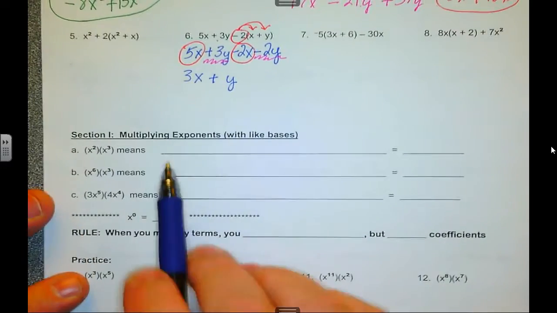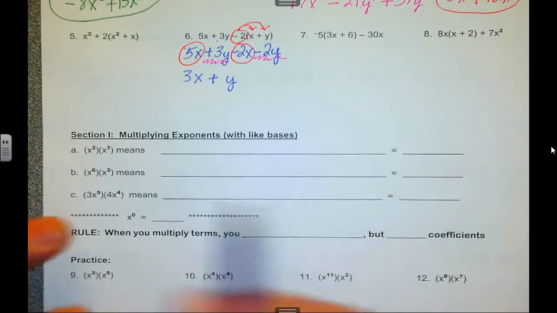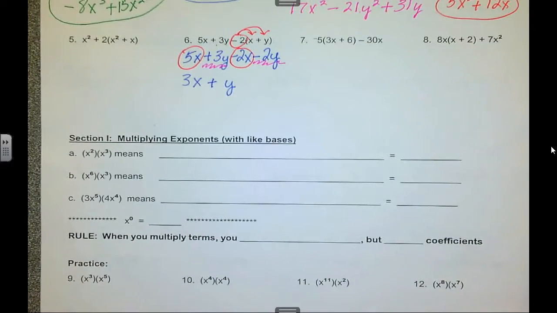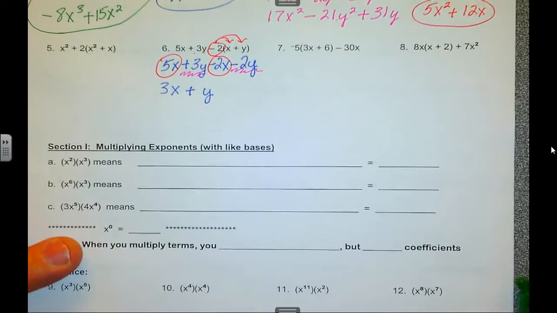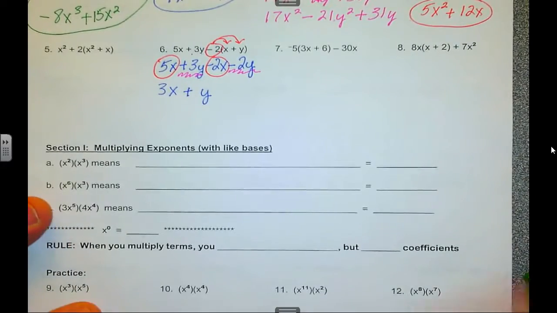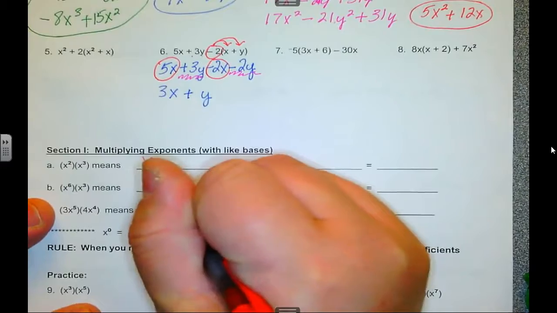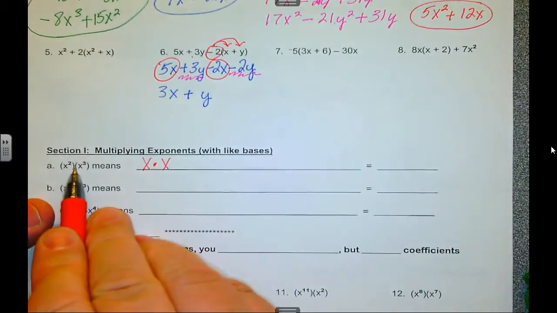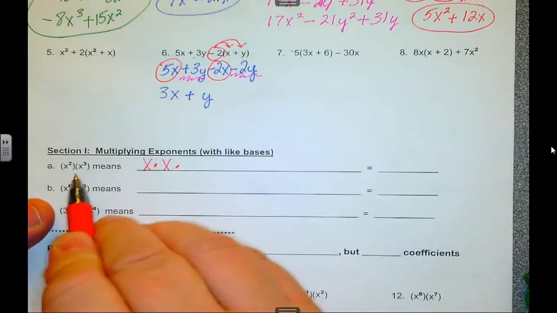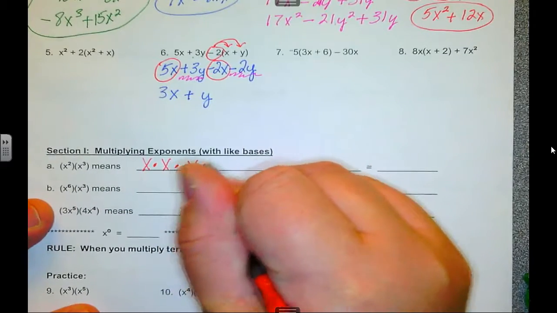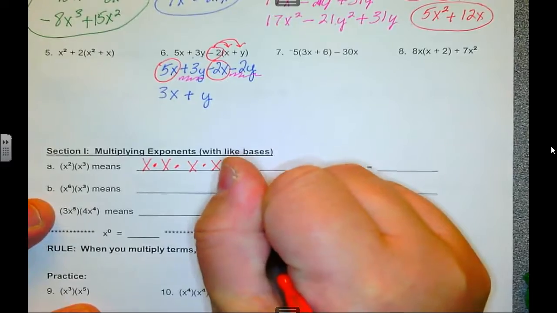Okay? Now, these lines here are for an explanation of what's really happening. What you're really doing here is this one has two x's, right? You're multiplying two x's together. And then we're going to multiply it by three x's being multiplied together, right? Okay.